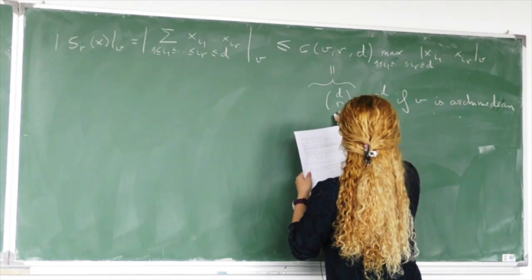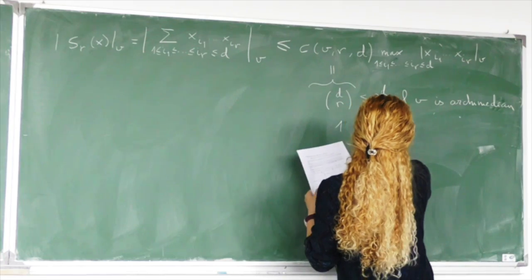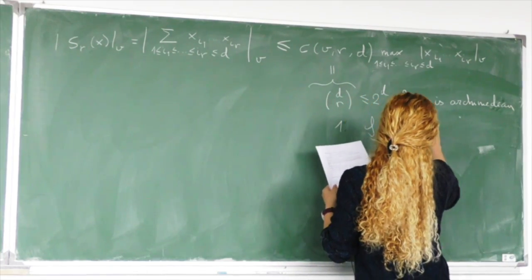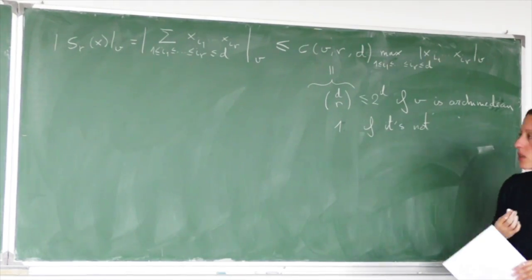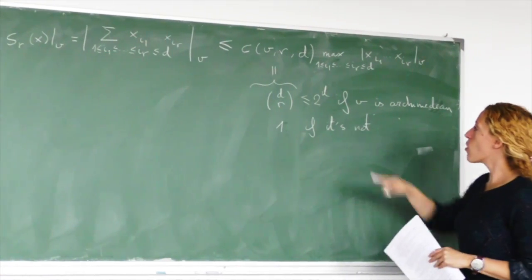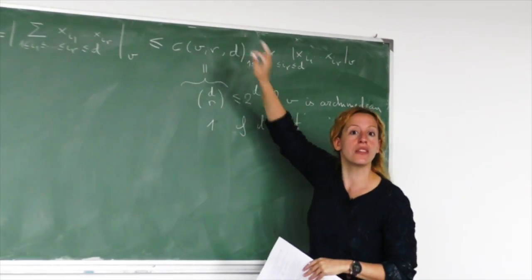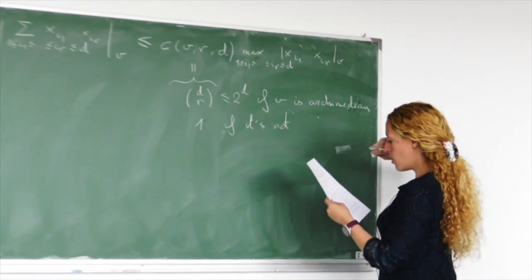And I can directly write 1 if it's not, because then it is non-Archimedean, and then we have the ultrametric inequality. So anyway, this is an explicit constant. This is the important thing, okay?